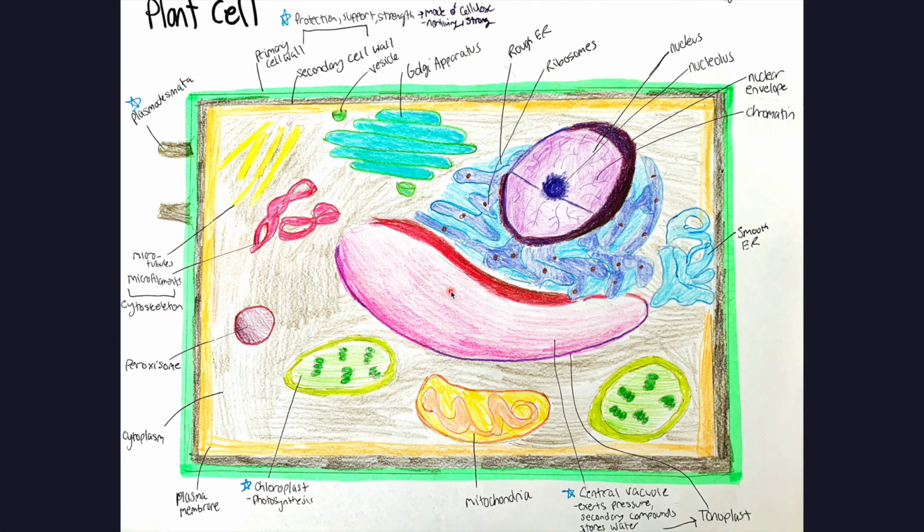The membrane surrounding the central vacuole is called the tonoplast. Then we have the chloroplast, which is responsible for photosynthesis, converting light energy to chemical energy. And lastly, plasmodesmata are used for material transport between plant cells.